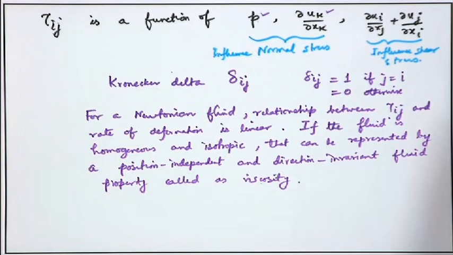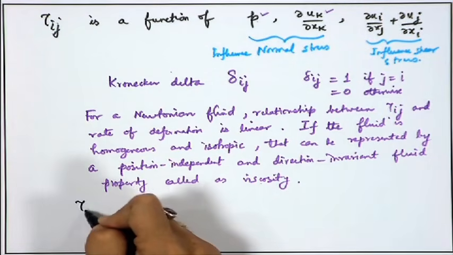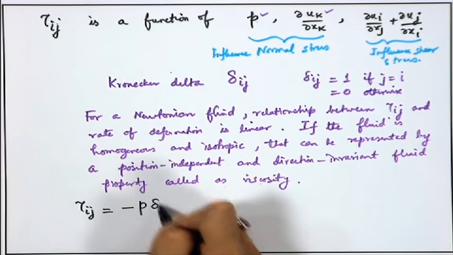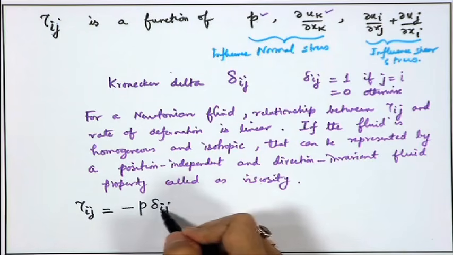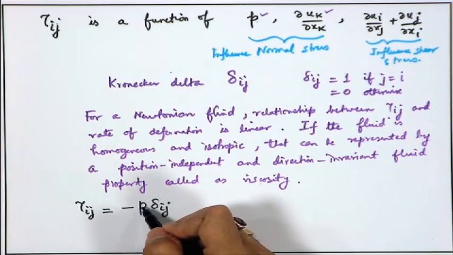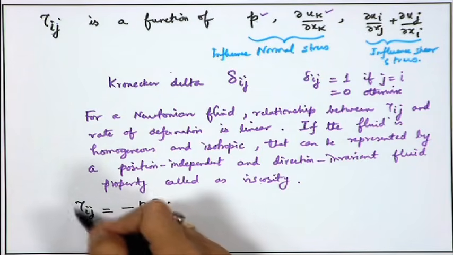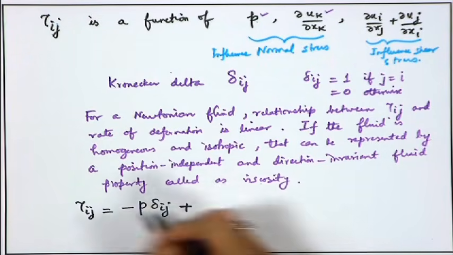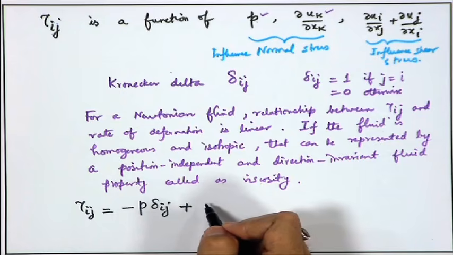So, let us write the expression for tau ij. This is minus p delta ij. Why delta ij? The normal component I have already described. Why minus? The positive sense of pressure is compressive in nature and the positive sense of normal stress is tensile in nature. So, to adjust for that there is a negative sign. Now, it is also linearly related to the volumetric deformation.